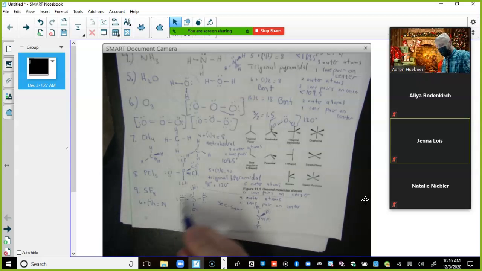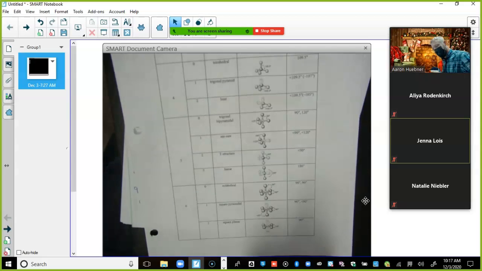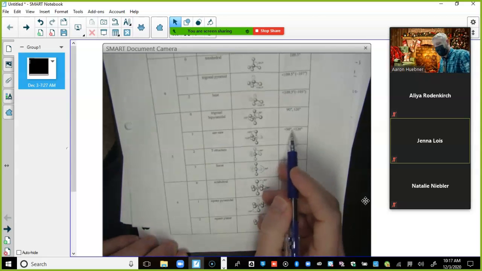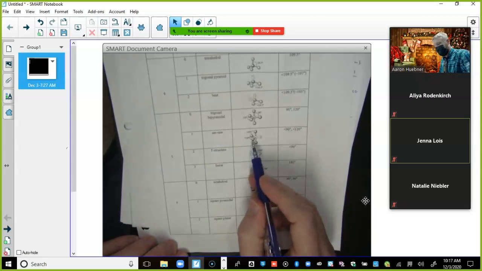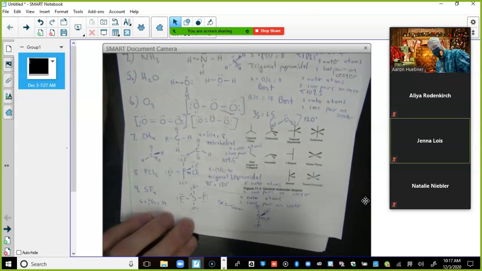So you might have to do a rough draft and then a final draft in the correct shape. And the bond angle for seesaw is less than 90 and less than 120. So right here, up and down, apparently it's going to be a little bit less than that. And right here on the bottom of the seesaw, I guess, would be 120. So less than 90, less than 120.